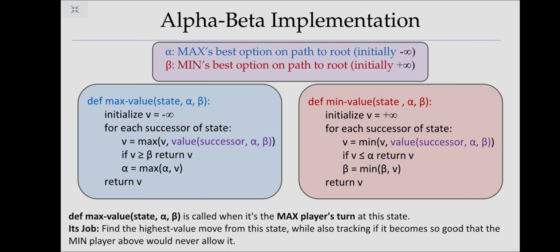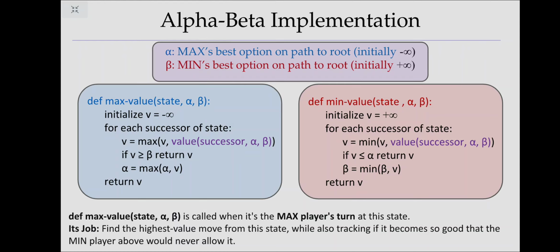And when the turn is max, the max player starts the selection. It considers the different actions and movements and selects the action with the highest value.